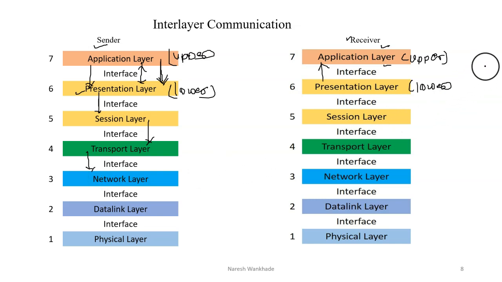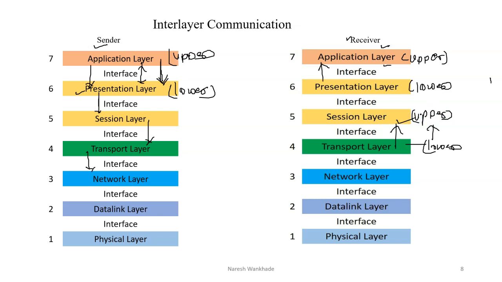And at the receiver side, communication between any two layers is known as interlayer communication. Let's say communication between the transport layer and session layer is interlayer communication, where the transport layer, which is the lower layer, gives services to the upper layer at the receiver side.